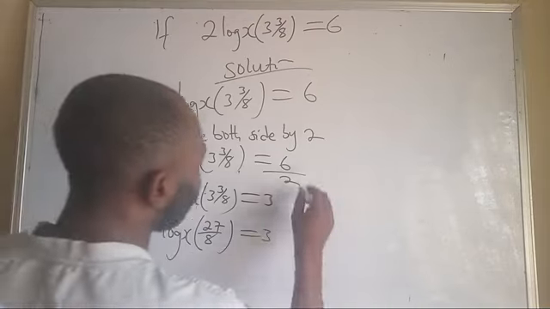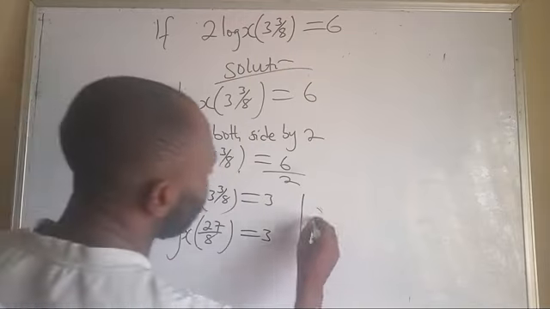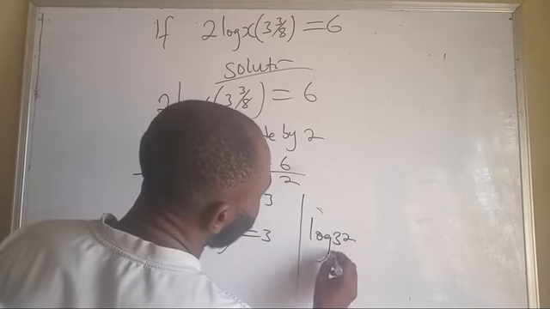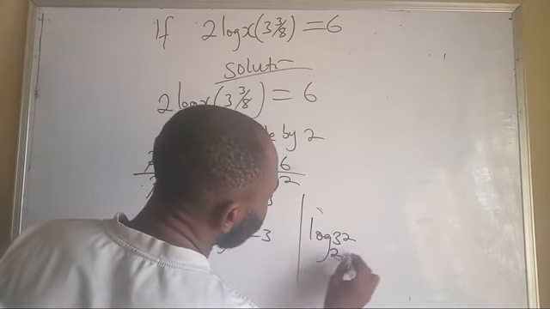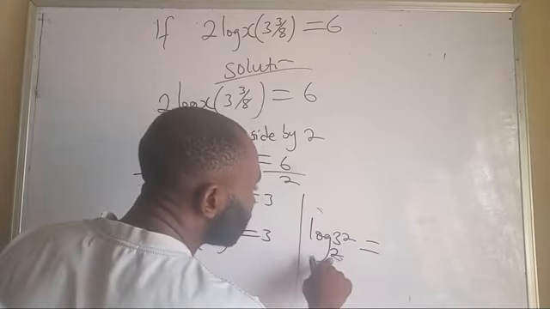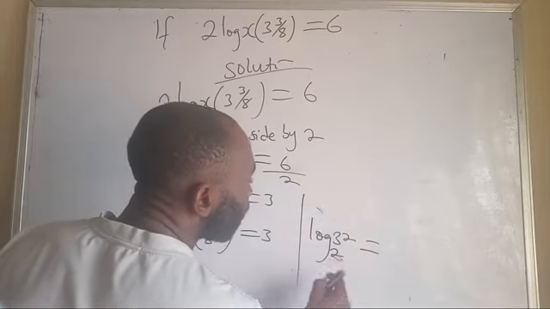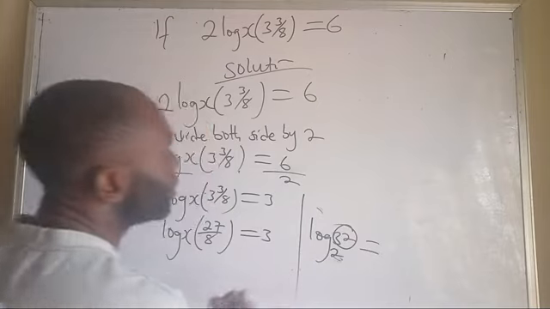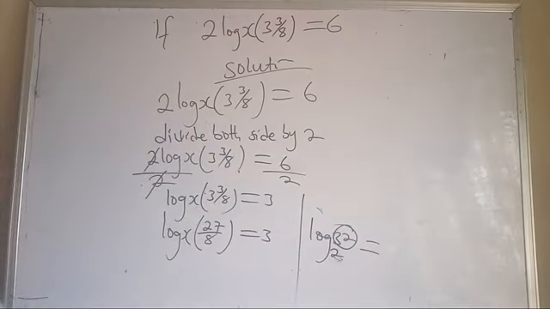So when you have log of 32 base 2 and you're asked to find this, you think of what the base will be raised to give you what? 2 raised to the power of something is going to give you 32.